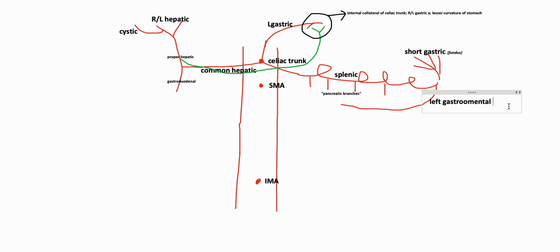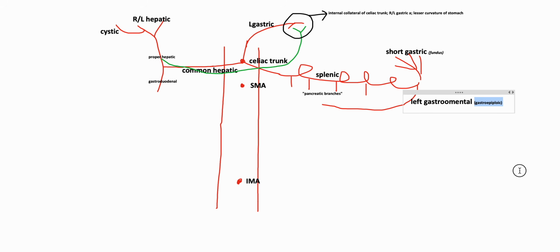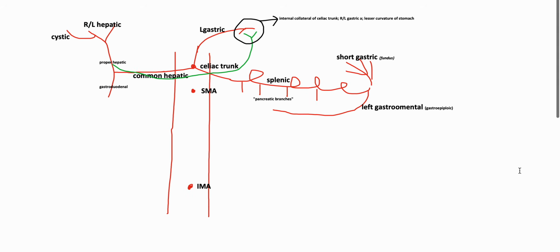It's also called the gastroepiploic. All right. So if there's a left gastroomental, that means there's probably a right gastroomental too.